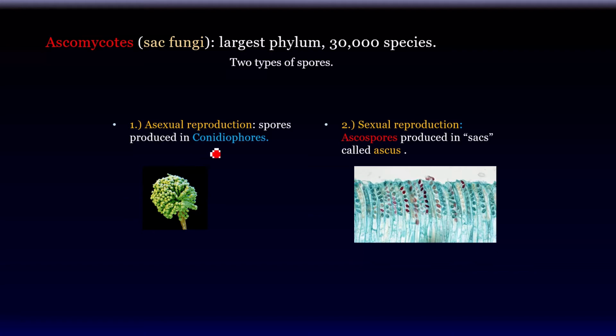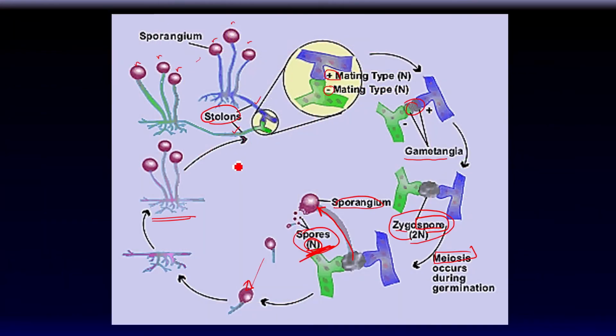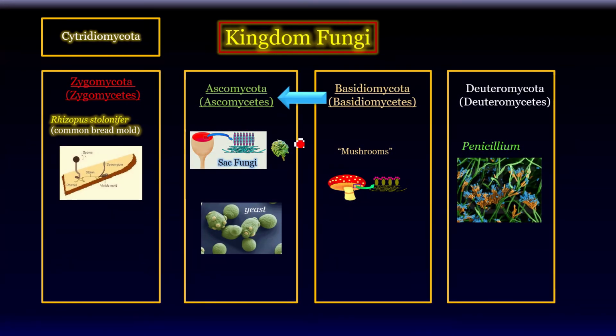Their spore-producing factory looks different, actually beautifully different, and it's called a conidiophore. The sporangium of the stolonifer has its equivalent in the conidiophore.